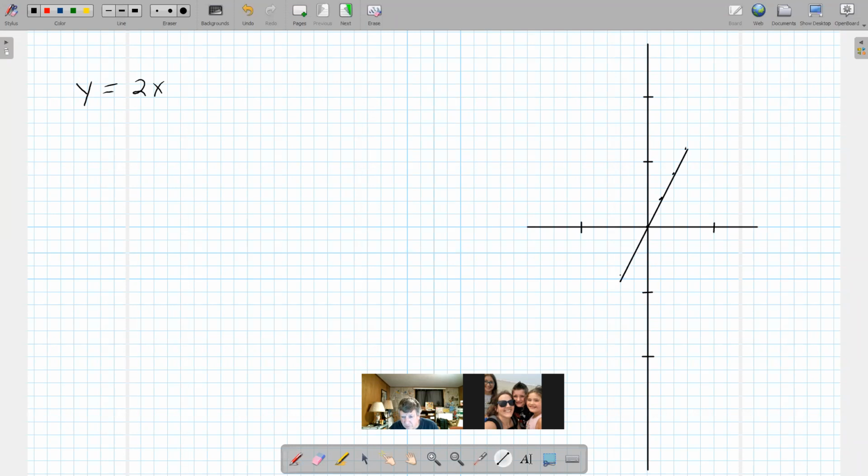There's an example of a linear equation. It's a straight line, okay? And then we've looked at quadratic or second degree equations, y equals x squared, and that is a parabola.